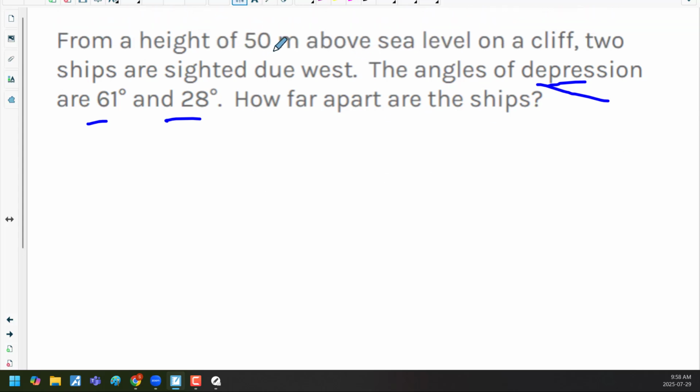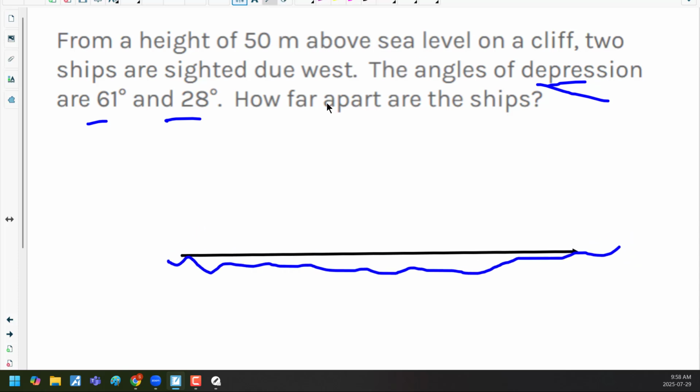So from a height of 50 meters above sea level. Here we have the ocean, and we are 50 meters above, let's say on some kind of building. We know that this is 50 meters. And we are looking due west.